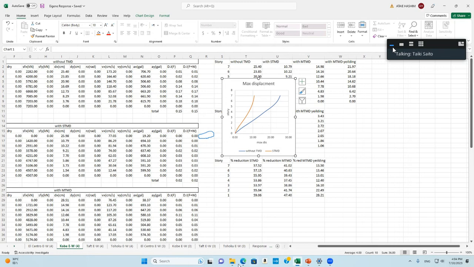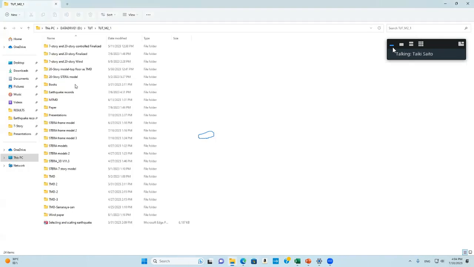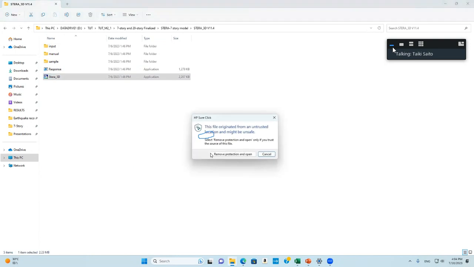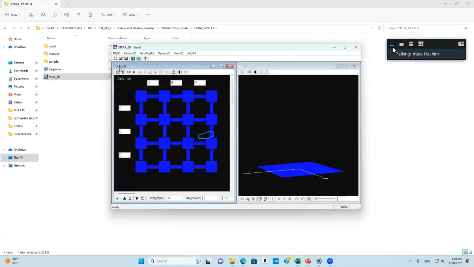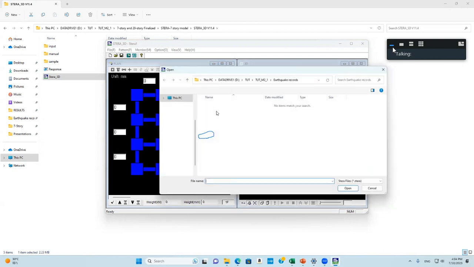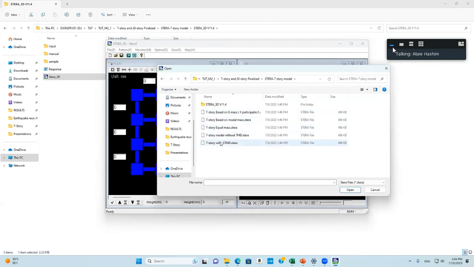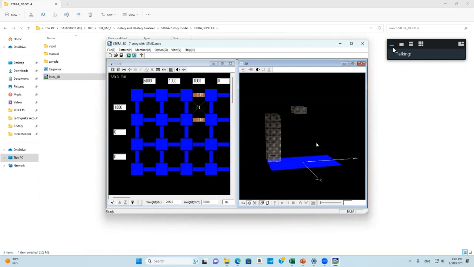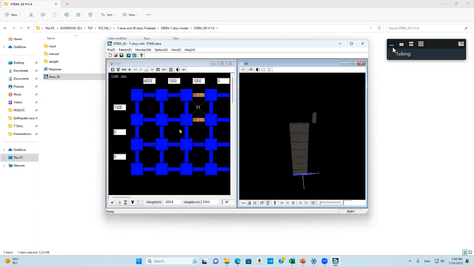So first you do pushover for the 3D frame, and then you can automatically convert it to a 3D model. Can I open the lumped mass, Sensei? Single TMD. How to make it nonlinear for the 7 floors?